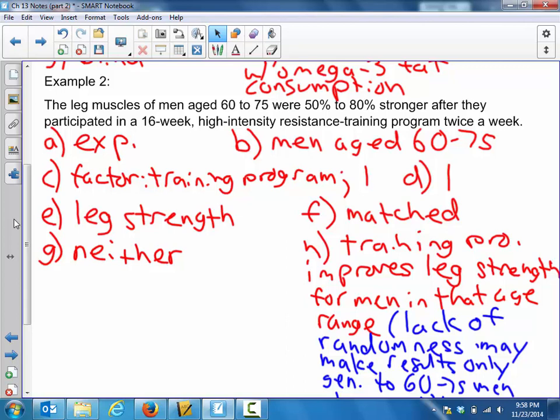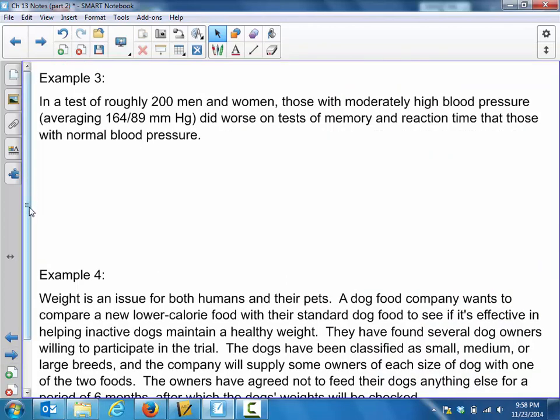But perhaps these men were all very, I don't know, kind of sit around, kind of on the lazier side, didn't do a whole lot, and just by getting up, they could have had this same leg strength improvement. Maybe if you looked at more active men in the age range from 60 to 75, you would not see these same results. So understanding who we're looking at is important here.